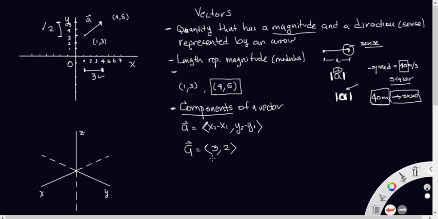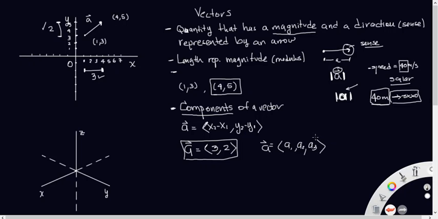So please don't forget that this is the way that we calculate the components and determine a vector. So in a two-dimensional space, we will represent the components of a vector like this. And in a three-dimensional space, the components of a vector will be represented like this: A1, A2, A3.